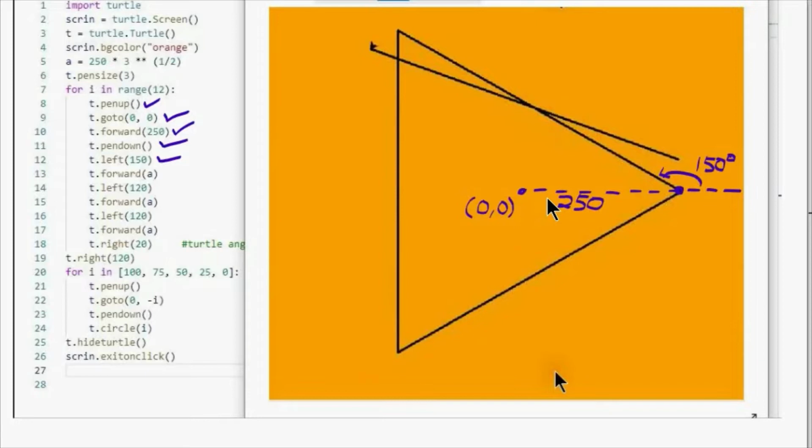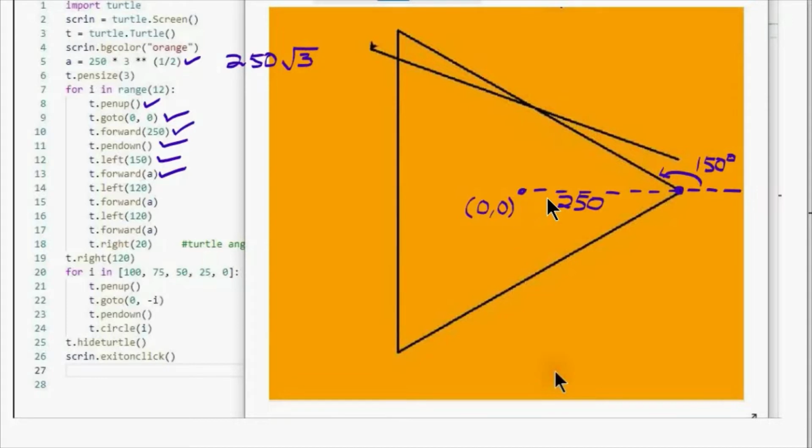Now once we have oriented the turtle 150 degrees to the left, we go forward with what length? The length is A. This is actually 250 multiplied with the square root of 3.